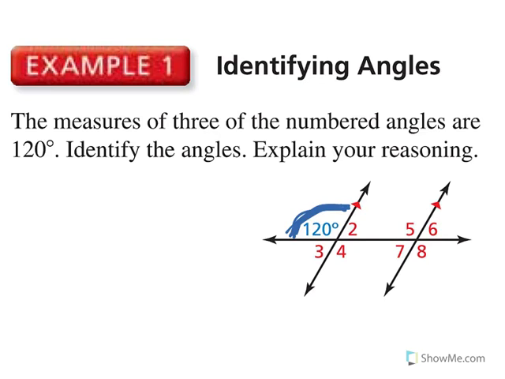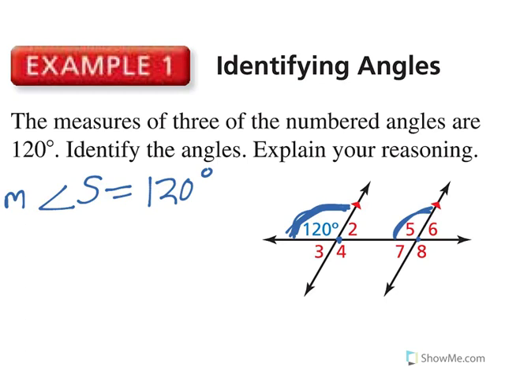So if this one is top left of my intersection point here, then I want the top left of my other intersection. That would be angle 5. So angle 5 would also be 120 degrees. I could write it out as the measure of angle 5 is 120 degrees. That's the only corresponding angle.